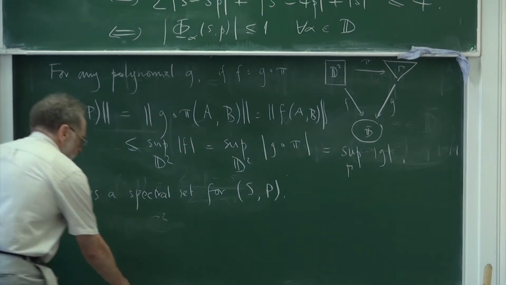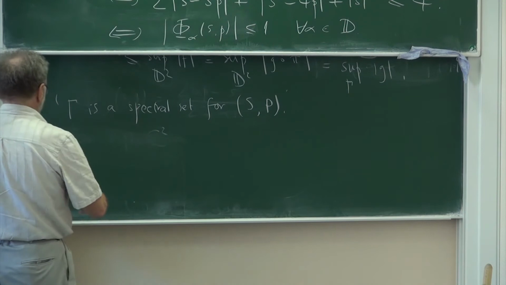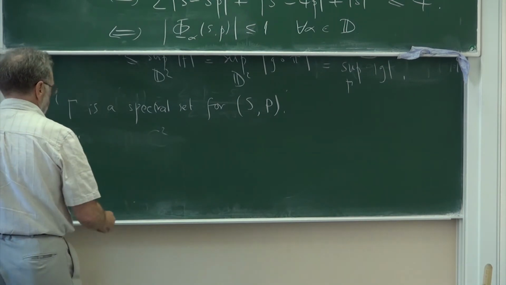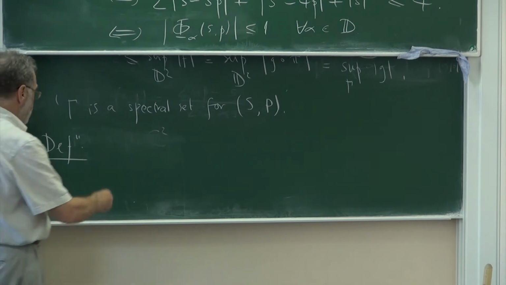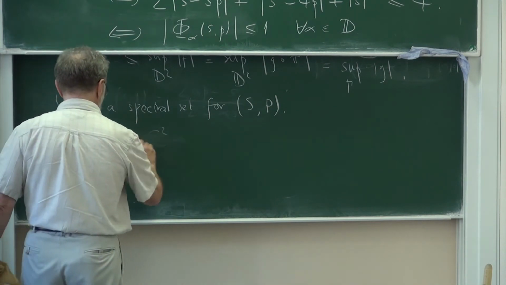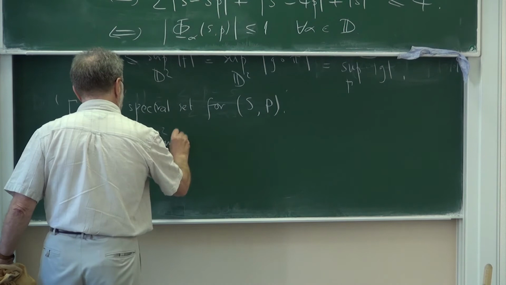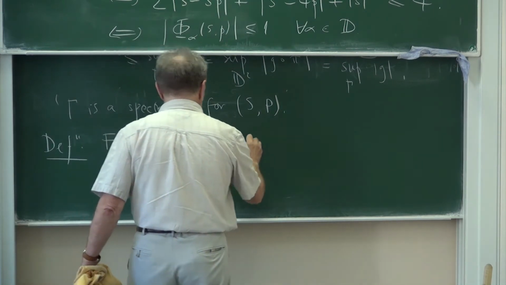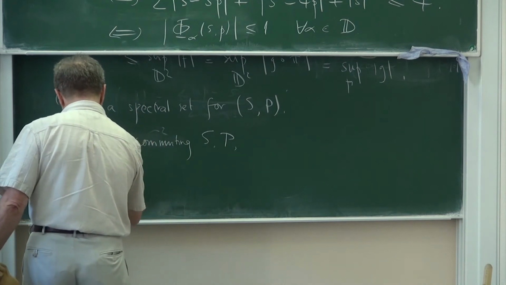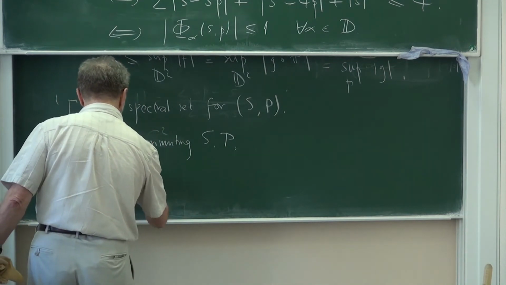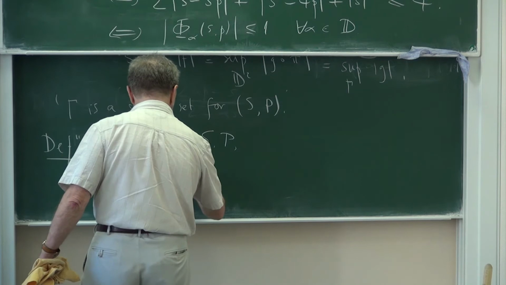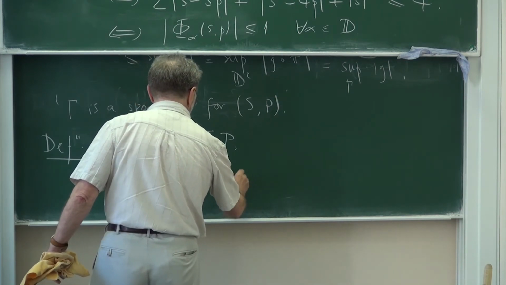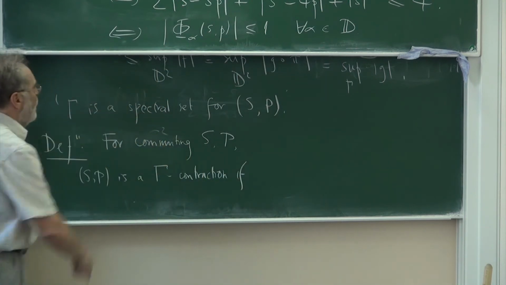And so we'll make a definition for a commuting pair of operators S and P: S comma P is a gamma contraction if it has this property that we've just described.